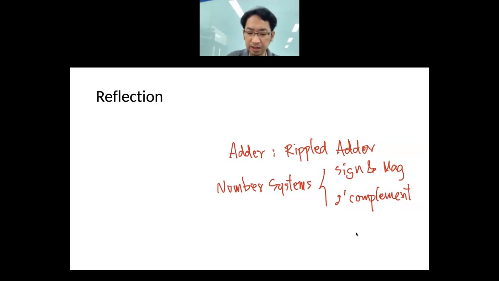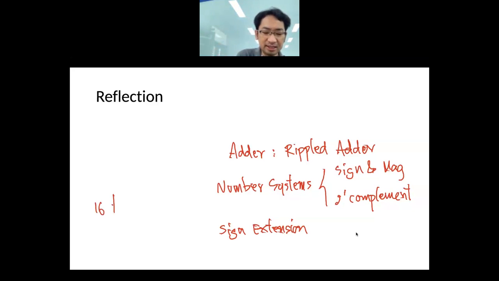And we were also talking about the sign extension. What is the sign extension? For example, if you have a small number of bits of data, and you would like to extend it to a bigger one, let's say from 16-bit to 32-bit, you can do sign extension.